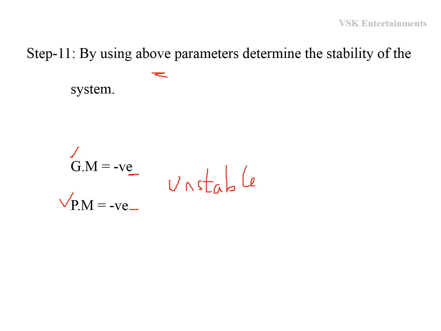Here the gain margin is nearly minus 25 decibels and the phase margin is nearly minus 70 degrees. Both are negative, so the given system is unstable.